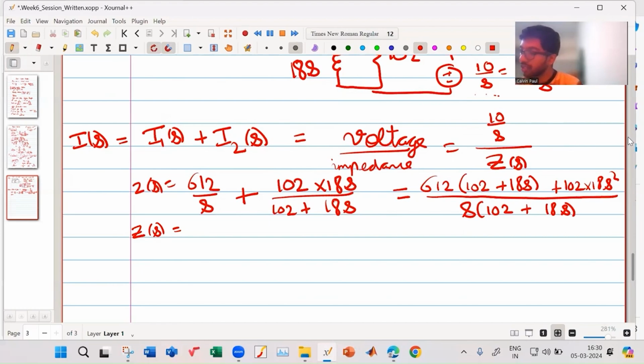What is 102 into 18? So Z of s is equal to 1836 s square plus 612 into 18, that is 11016 s, plus 612 into 102.